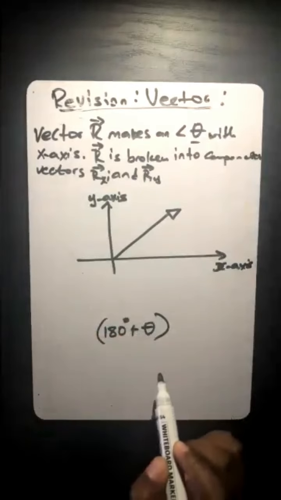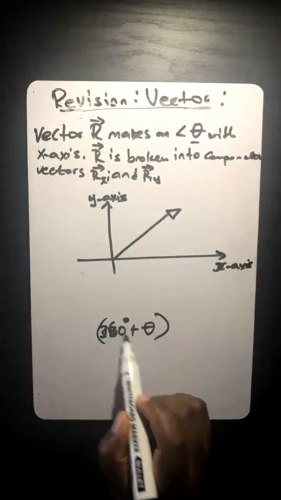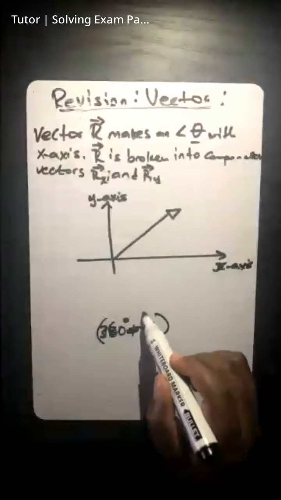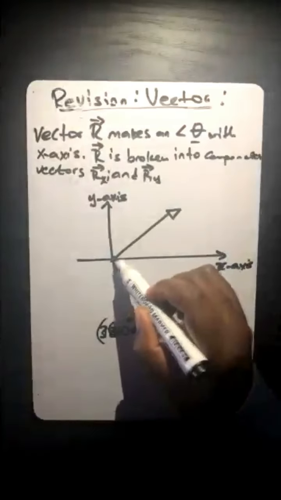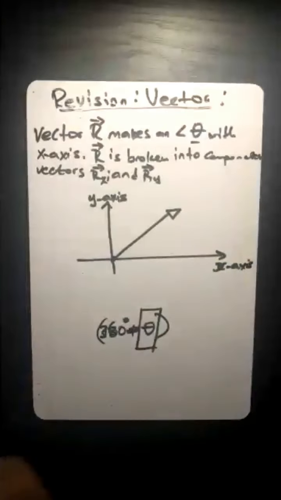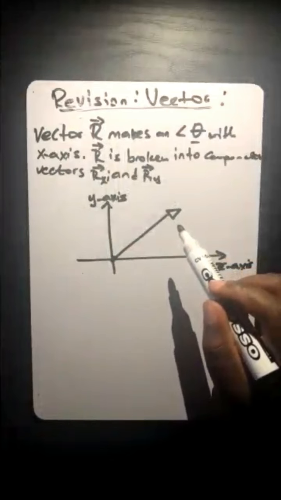Otherwise, if it's a plus, it falls in that quadrant. If it's 360 degrees minus, then it falls in this quadrant. But because they just said it forms an angle, we can just assume it falls within the first quadrant. So let's continue reading that statement.